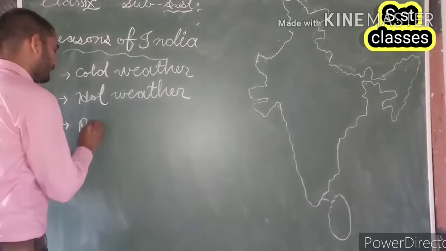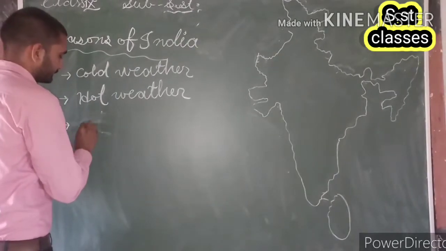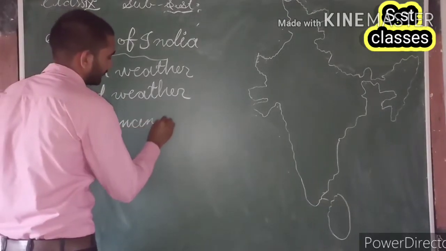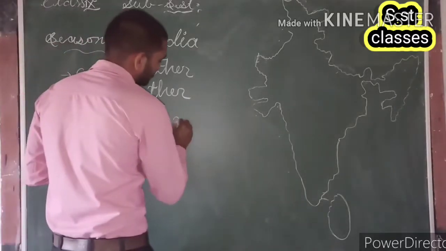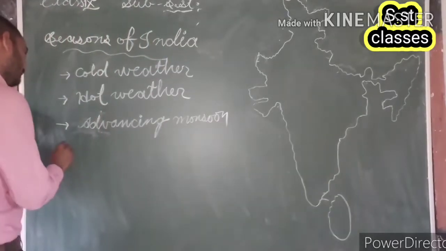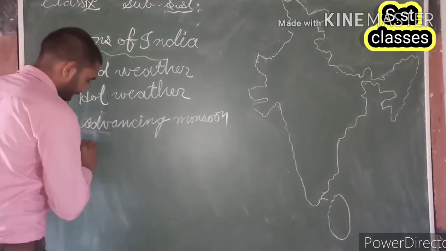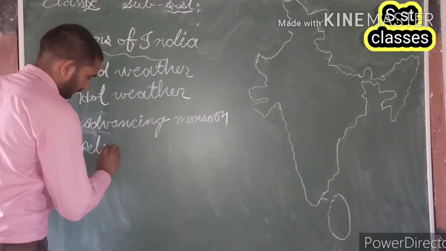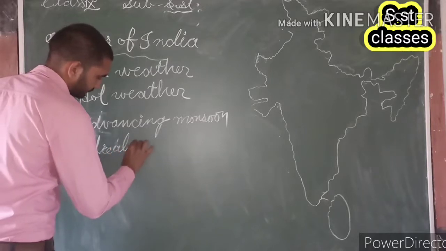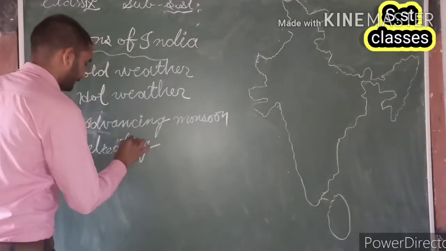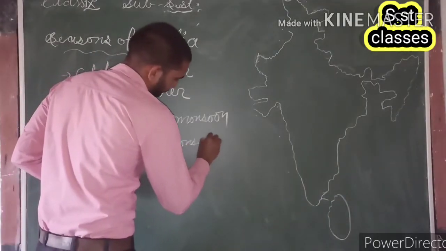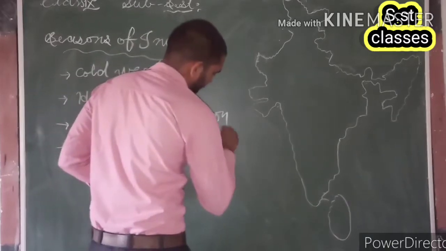First is the advancing monsoon season, and the last one is the retreating monsoon season.